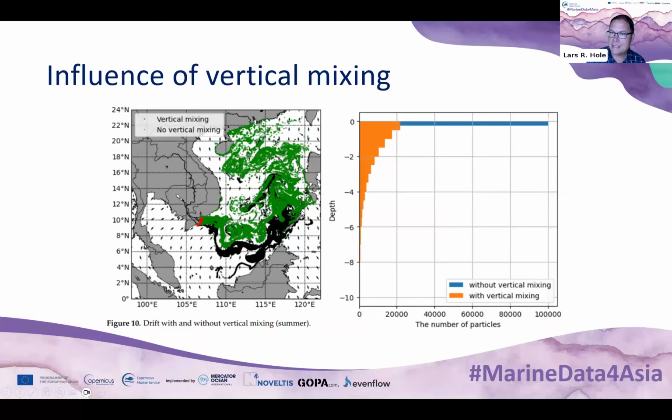So we had a realistic vertical mixing in the model, and we see a clear difference in the distribution when you have no vertical mixing, where all the plastic stays on the surface, and when you have vertical mixing, then the plastic goes more to the south.